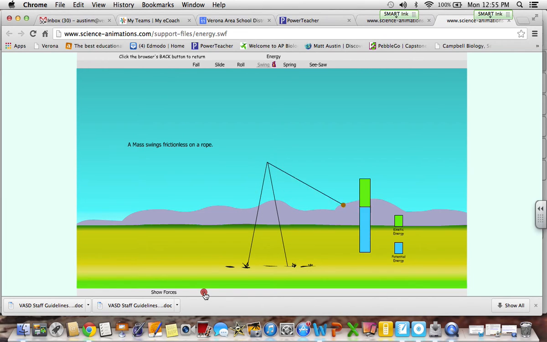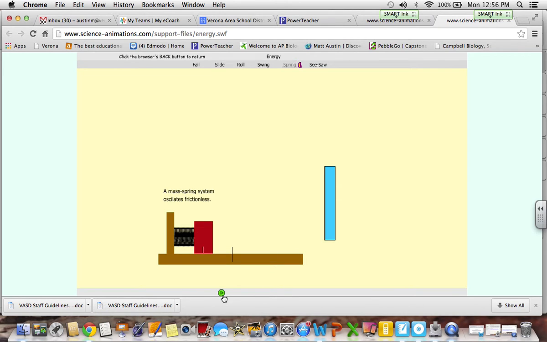Again, we're converting all the potential into kinetic energy, converting stored energy into active energy. That's really all we're looking at in that example. We can see the same thing with the spring. The spring oscillates, so there's our elastic potential energy stored in the spring, and as you release the elasticity, the stored potential has the ability to do some work.